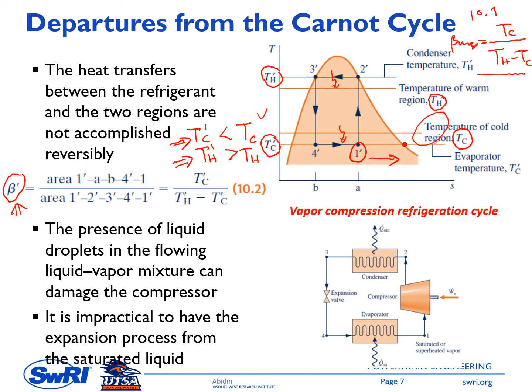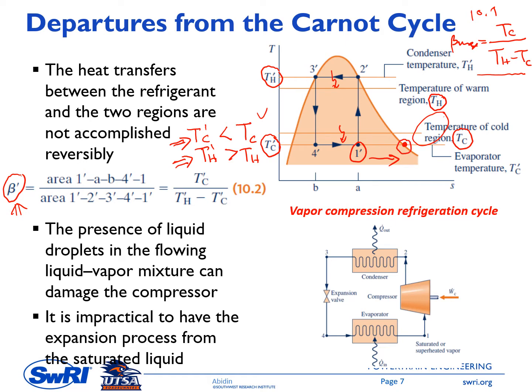Why? Once again, if we have a liquid entering the compressor, it will damage the impeller or the blade of the compressor and thus shorten the lifetime of the compressor. Therefore, in real application, this state 1 prime is at minimum at the saturated vapor.